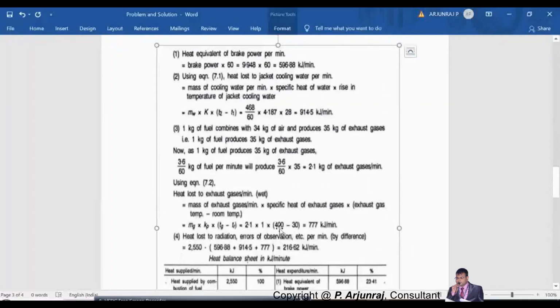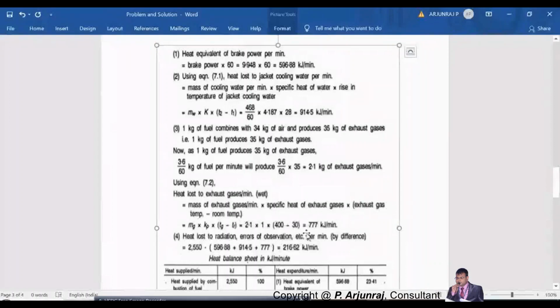And here you see the temperature difference is nothing but the exhaust gas temperature minus the room temperature. For the exhaust gas temperature they gave a value of 400 degrees, and you need to subtract the room temperature from it. You can assume either 25 degrees or 30 degrees, but you have to state the assumption here. If it is 30 degrees, you put 30 degrees.